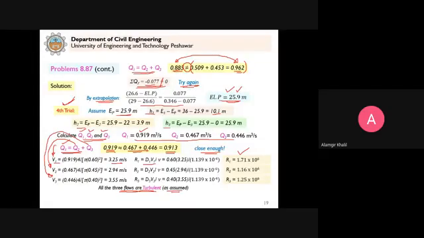So in the end we have to verify that yes, the flows are turbulent flows. Then this Q1, Q2 and Q3 are correct values. If this assumption is not valid, then these will not be the correct values of Q1, Q2 and Q3.